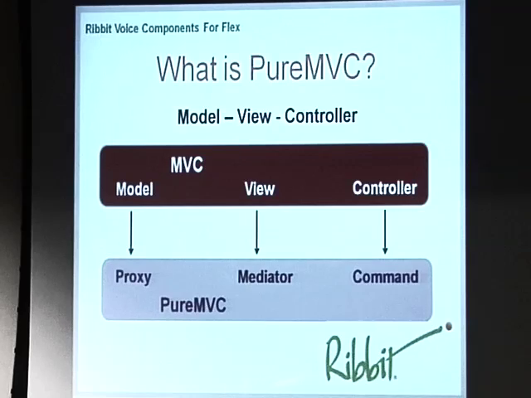So it just kind of, as it sounds, mediates between the end UI and the data and commands. And then the controller, where all of your process, your logic, your functions are going to be, is in the commands. They're called commands. So you'll have a login command, a login mediator, and a login proxy, just really for the login component itself.